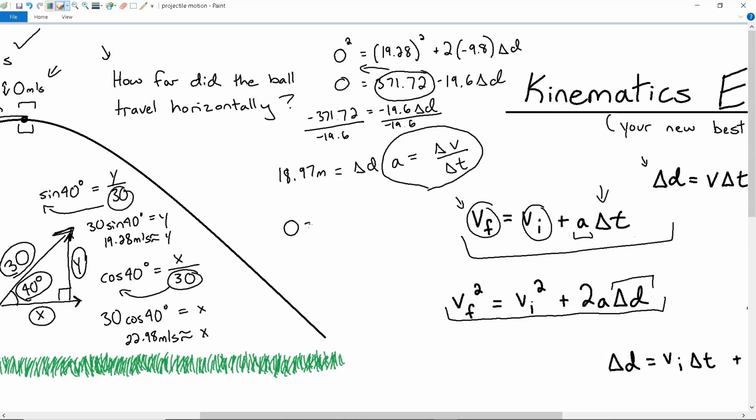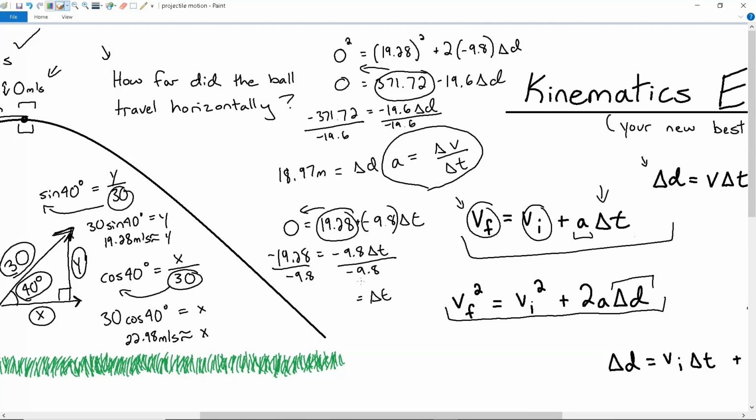Final velocity will be 0. Initial was this. And then we just have our negative acceleration. So I'm going to move this over, and then divide out both sides by 9.8.